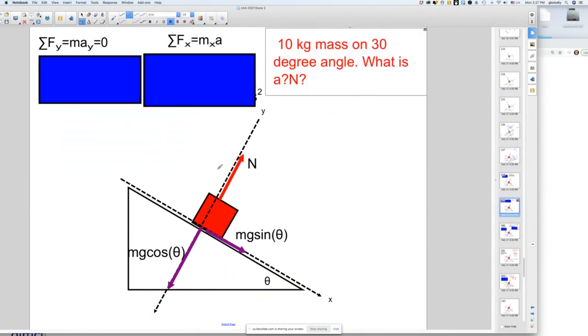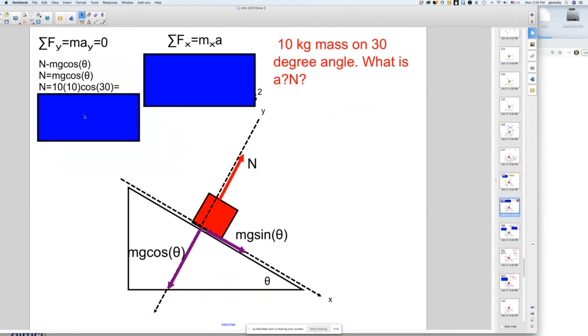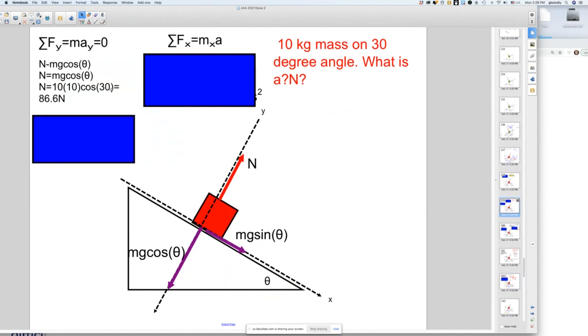Okay, now if it accelerates down, then things are a little bit different. You can find what that acceleration is. It accelerates down at some angle here. And again, the angle now says 30 instead of 21. Forget 21, it just started moving, but 30 is going to accelerate down.